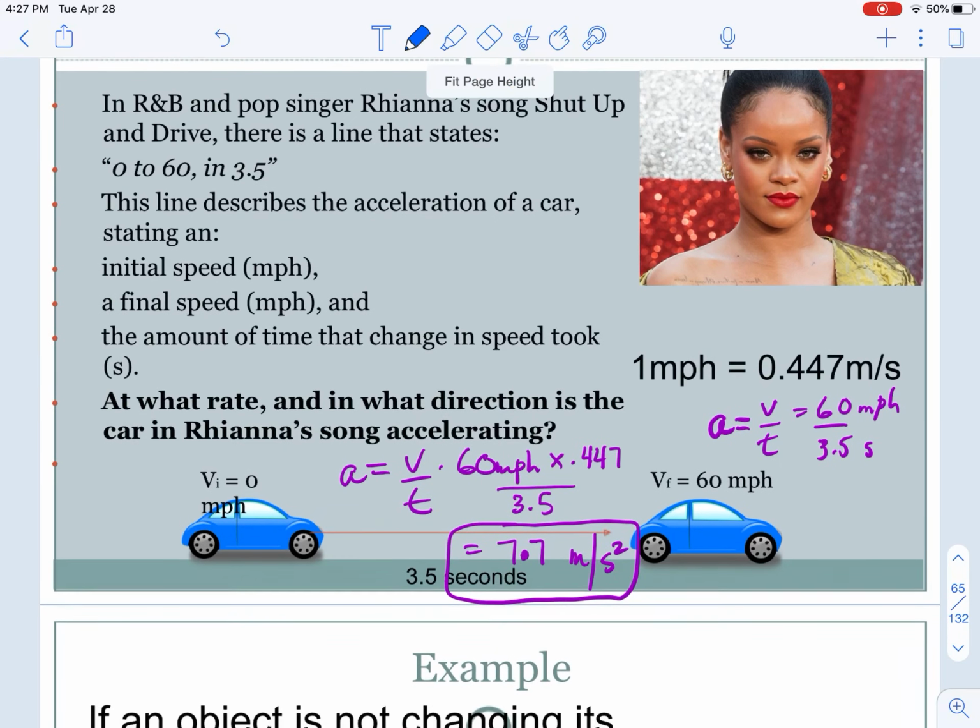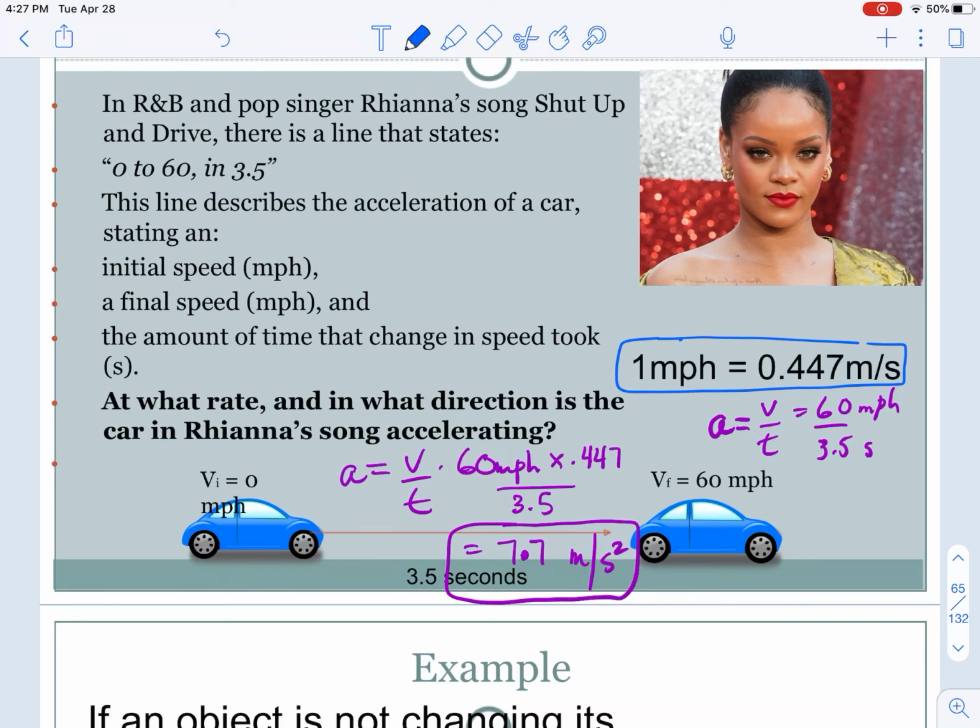So we've got this Rihanna question here about 0 to 60 in 3.5 seconds as a little opening question. We want to look at the acceleration there, velocity over time. This question is giving you the 60 in miles per hour.